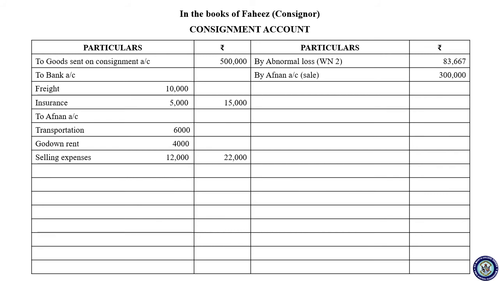Next, that is the goods sold. So here you have to take the selling price, that is by Afnan. Afnan sold the goods for rupees 3 lakh. Next, commission, that is on sales, 3 lakh into 5%.